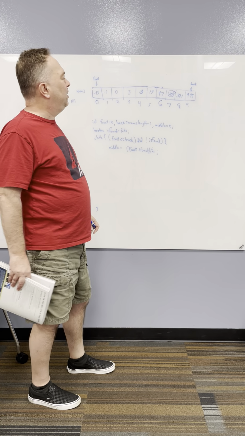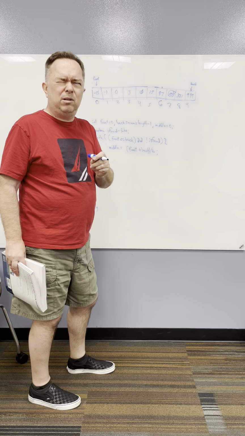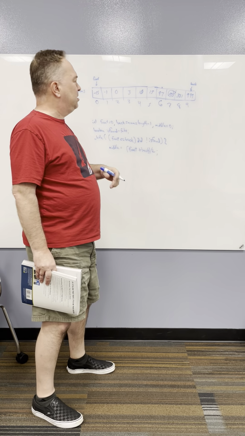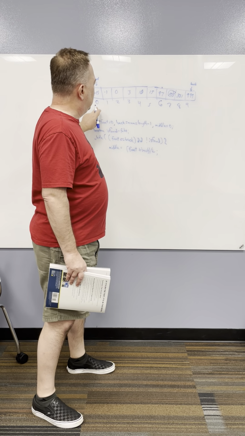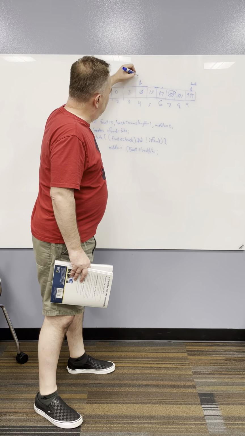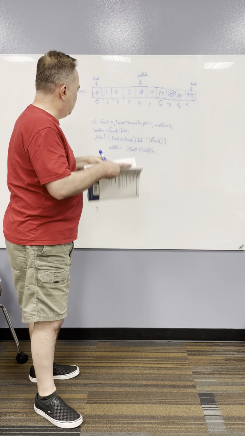There's no rounding. There is a function in the Math class, Math.round, I think. But for just ints, it just cuts it off. So 0 plus 9 is 9, divided by 2 is 4. So the middle is going to be right here. Okay? So far so good, right?